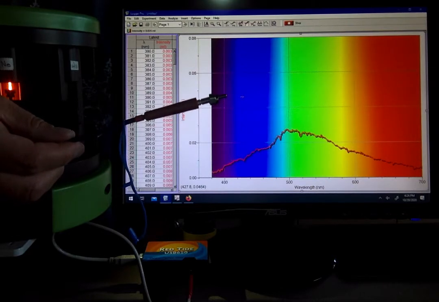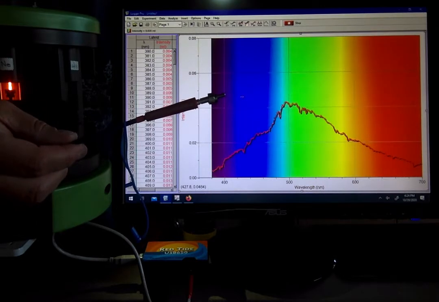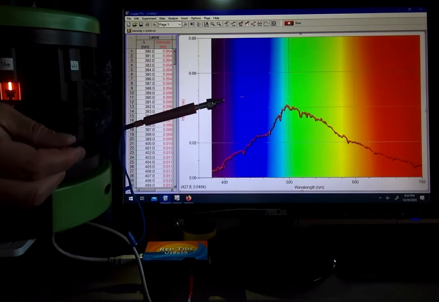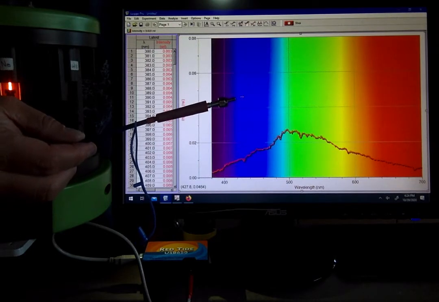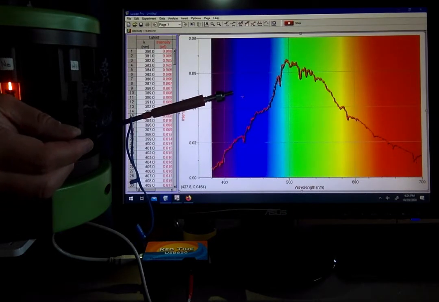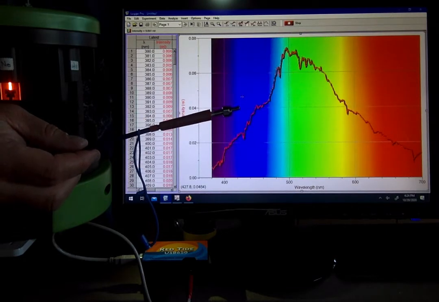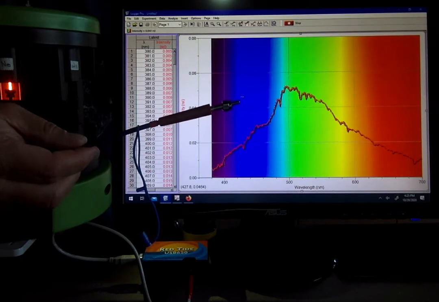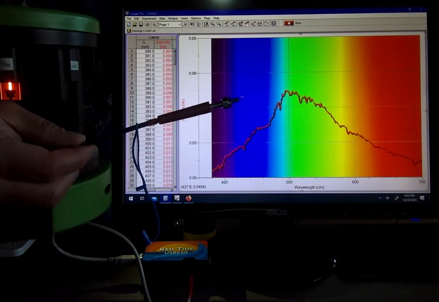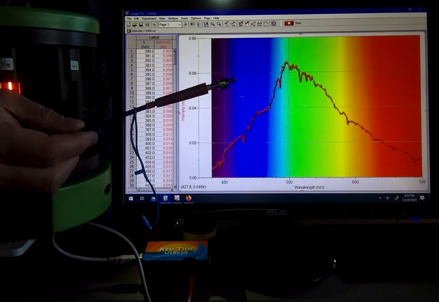We call this a continuous spectrum, and it looks like there's a lot of light in that greenish and bluish area. I suspect the reason is that when I'm pointing my fiber optic cable through the door, what I see out there is a lot of bushes. And the bushes are green, which means they're reflecting green light. And so that's why we have the high emission in the green area.